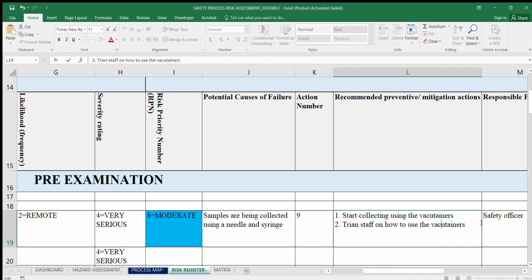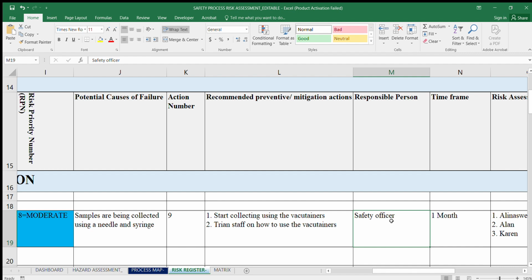That way, you've started collecting blood using vacuum turners, and people are now trained, and therefore you eliminate the scenario all at once, and you've also created awareness, and people now know how to use the vacuum turners, therefore reducing the risk of this scenario happening.